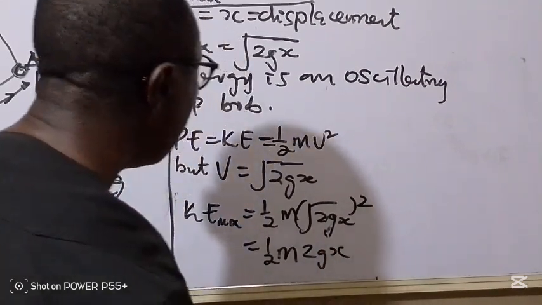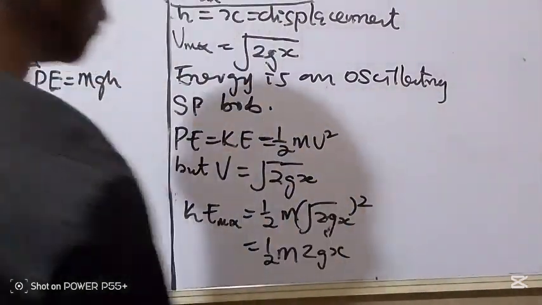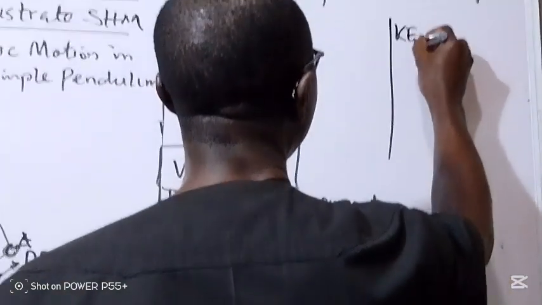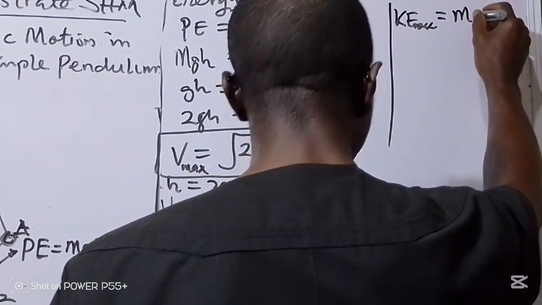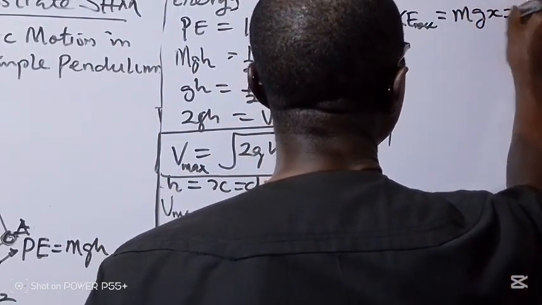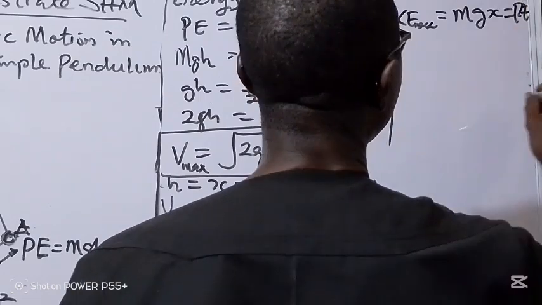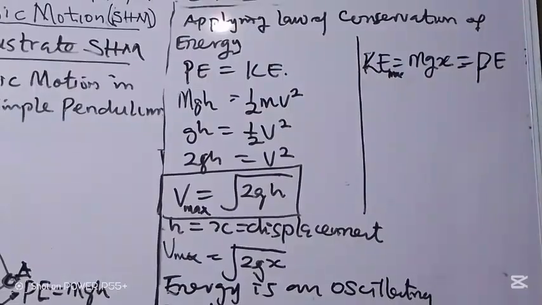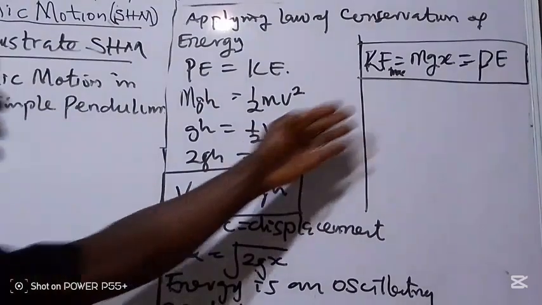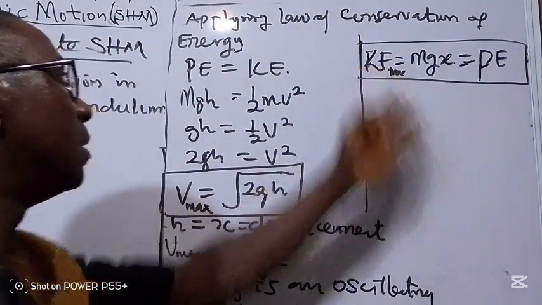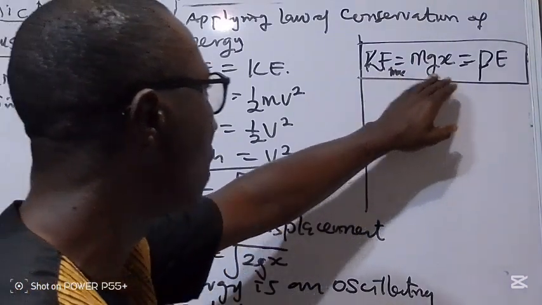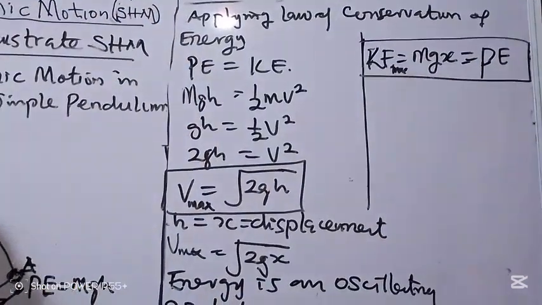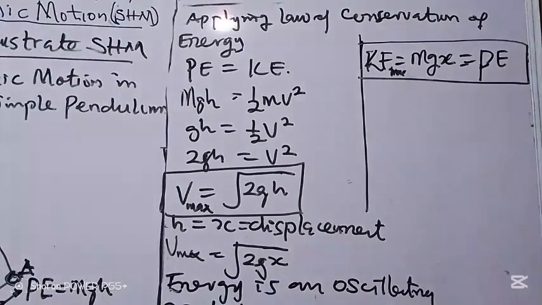So the maximum kinetic energy of the simple pendulum is equal to mgs, which is equal to PE. From there, you can say that truly the law of conservation of energy is obeyed. KE is equal to mgs is equal to PE. That's where we are going under the simple pendulum oscillating to and fro.